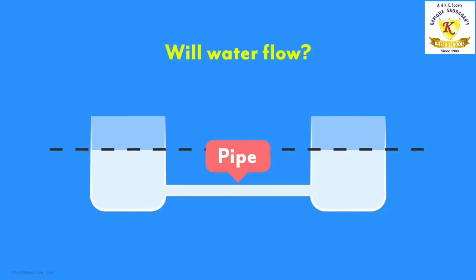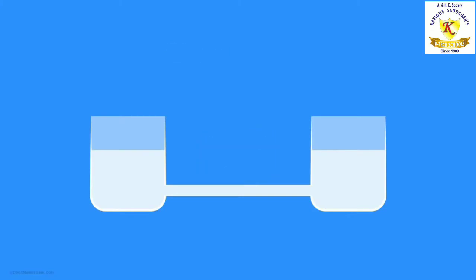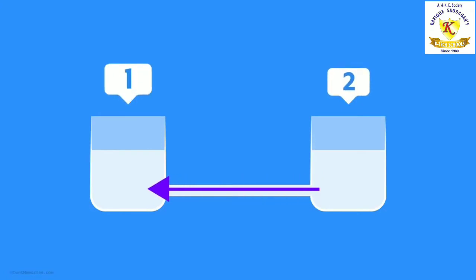Now let me give you a task. Without changing the amount of water in any of the beakers, can you make the water flow from beaker 2 to beaker 1? Understand my question again.